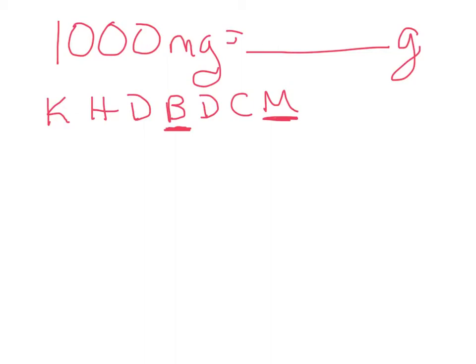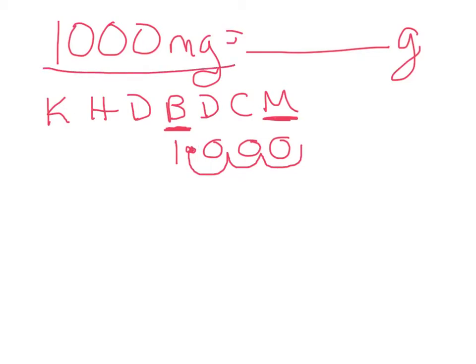So you're going to write your thousands right here, just like the number says, and then we're going to move our decimal place until we get to where we want to go. So it is 1, 2, 3 spots over. So 1,000 milligrams would be equal to 1 gram of whatever the substance might be. See how much easier it is to convert within the metric system than having to deal with fractions like you would have to deal with in the English standard of measure.